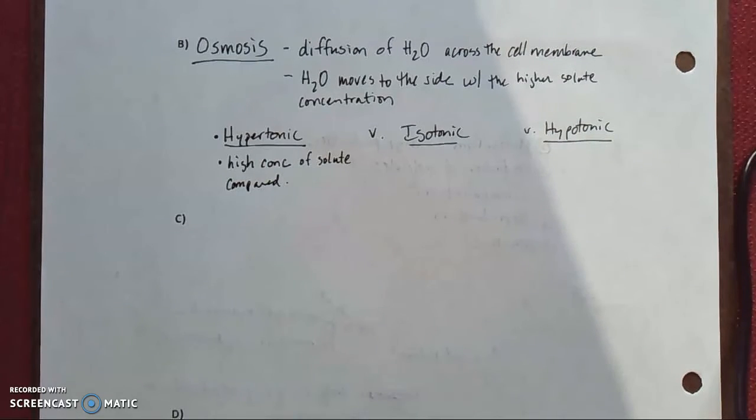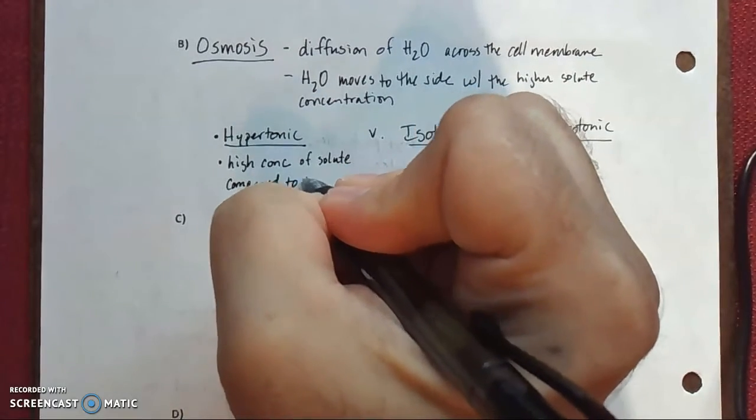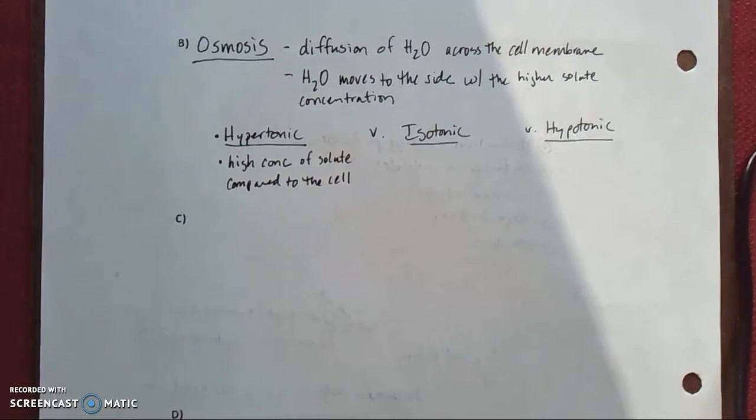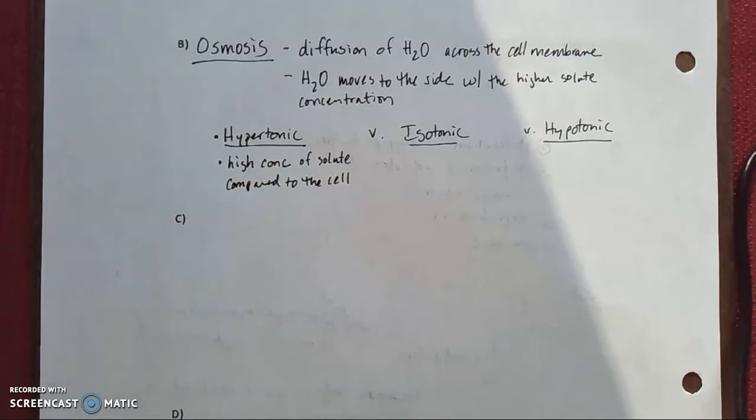So if we have a high concentration of solute compared to the cell, so we are talking about solutions that we're placing a cell into. If the outside solution, the ECF, is hypertonic, it has more stuff than inside the cell, the ICF.